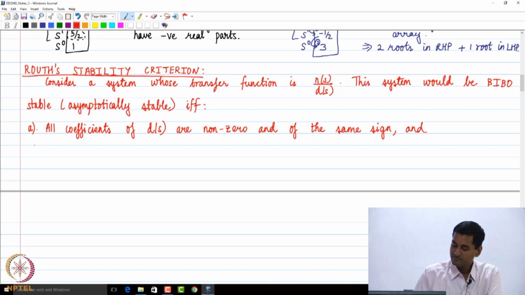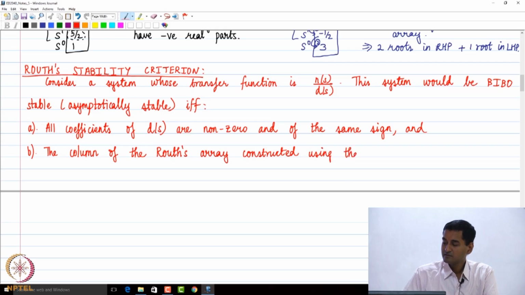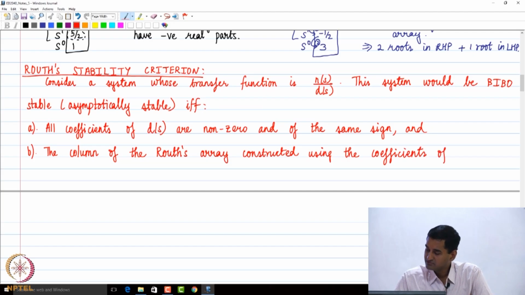and B, the first column of the Routh's array constructed using the coefficients of D of s.